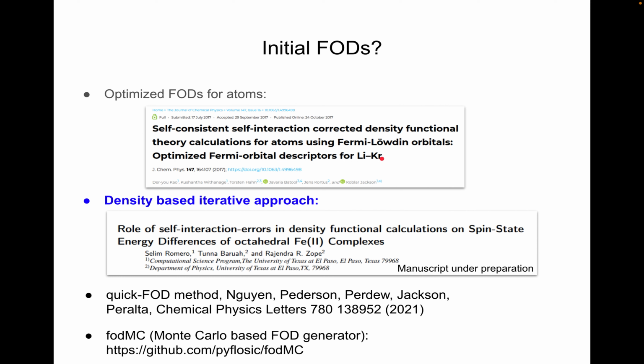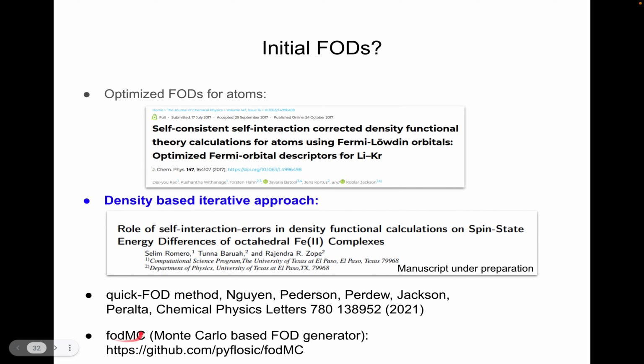And beyond atoms, for the molecules, there have been a few methods proposed for generating the initial FODs. One of which was the quick FOD method from the Central Michigan University group, and another method was the Monte Carlo algorithm-based FOD generators.